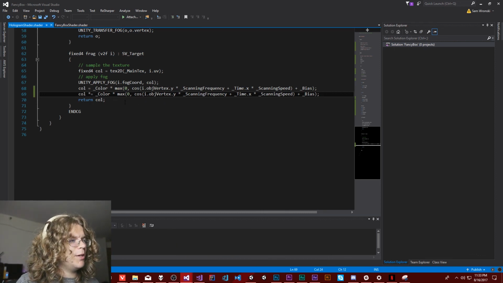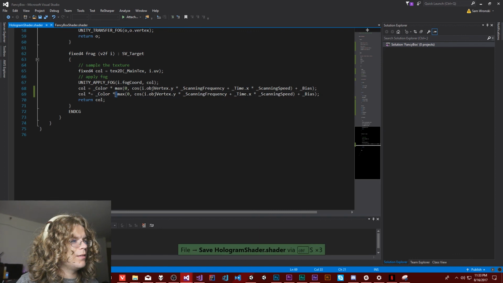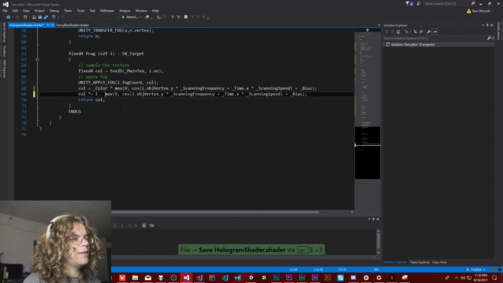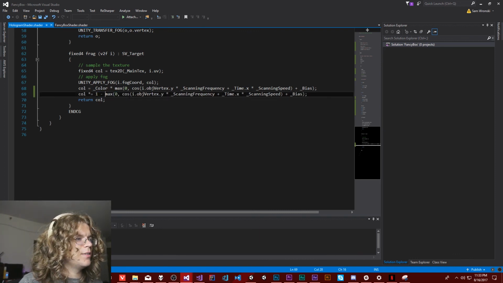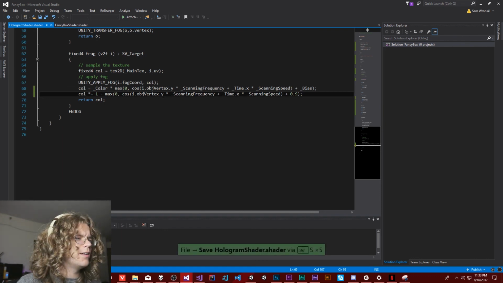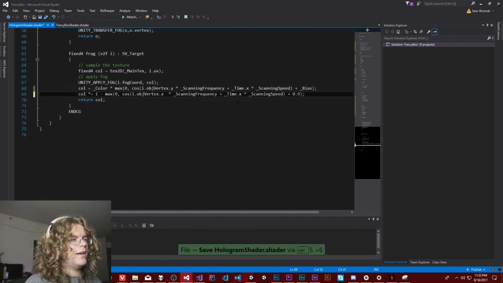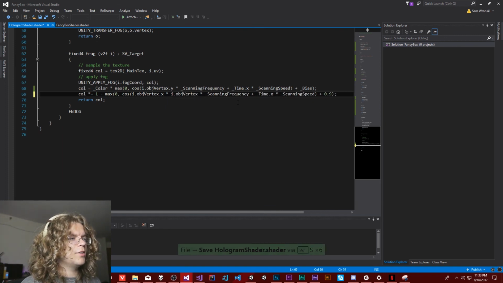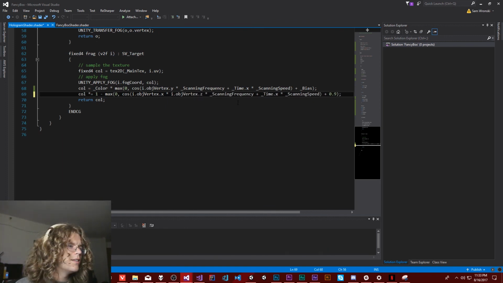I'm going to multiply it by 1 minus this value, and I'm going to take this bias and add on 0.9. And we're going to do i.object vertex.z.